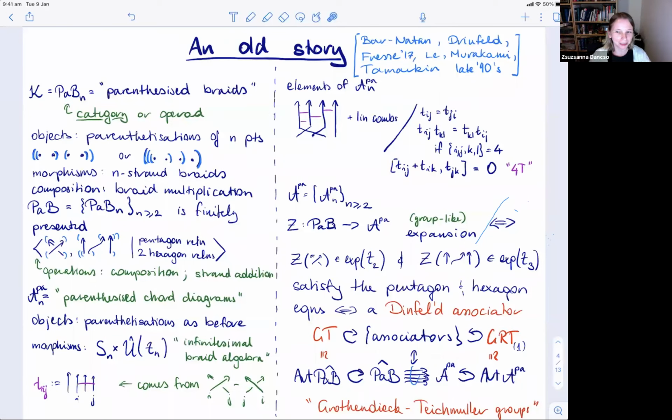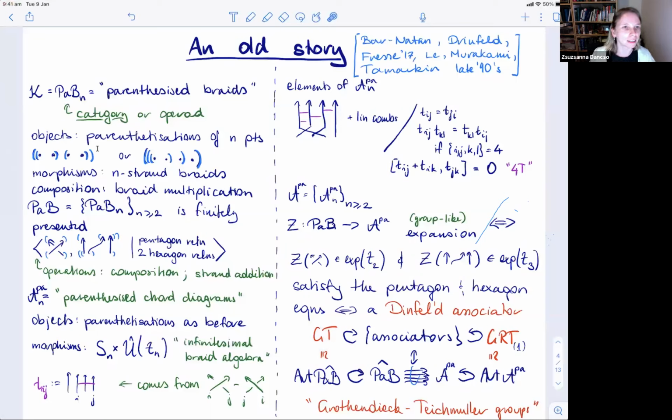I would rather not. I can maybe at the end. So, associators are elements in X of T3, which satisfy the pentagon and the hexagon equations.